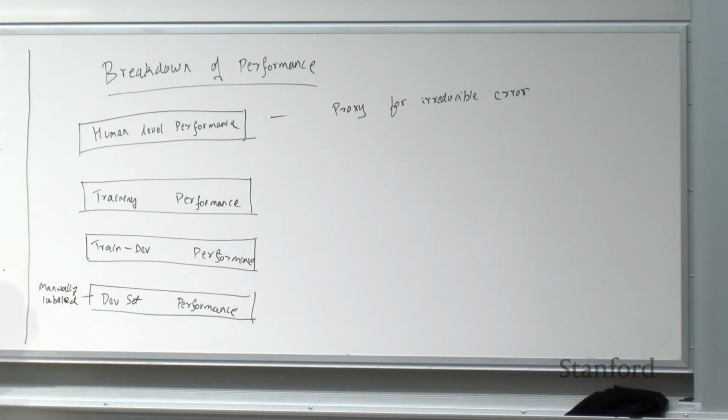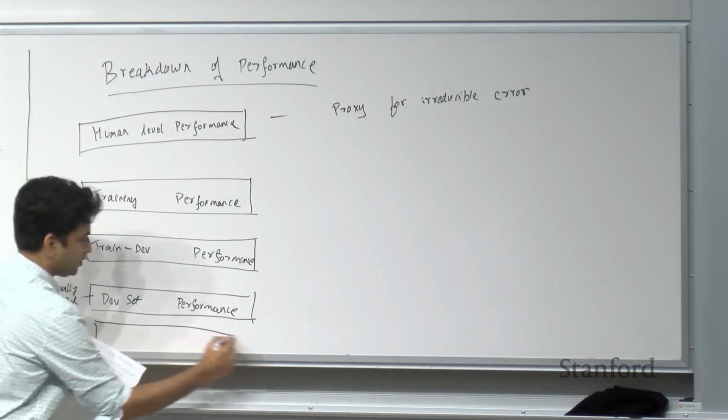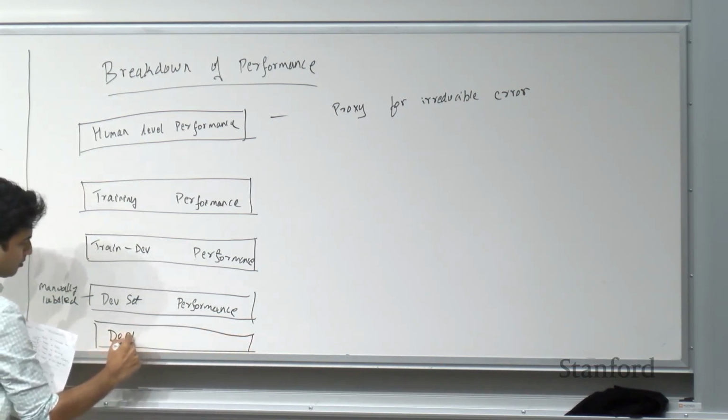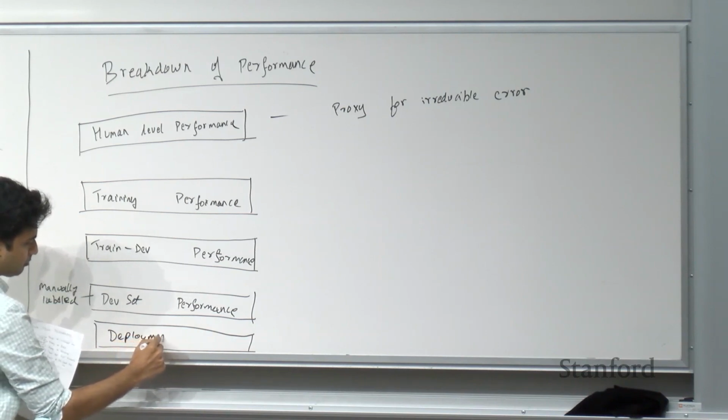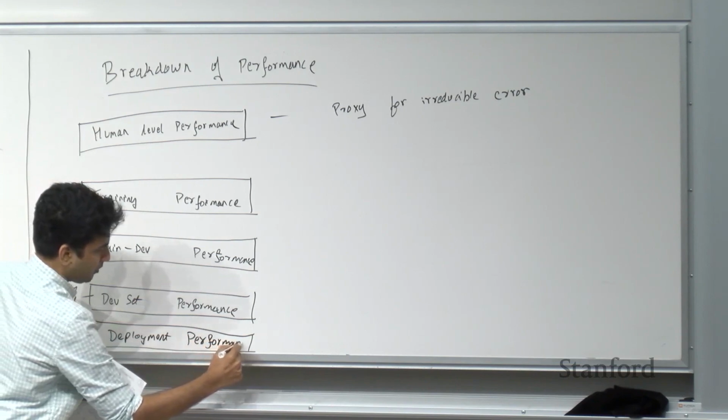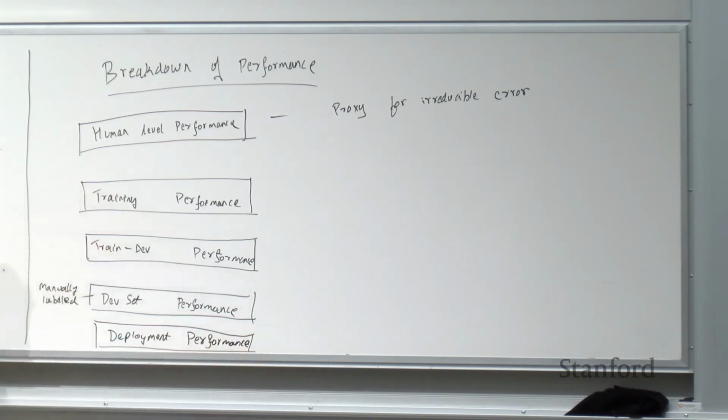Okay. And finally, we can talk about the deployment performance. By deployment performance, what I mean is when you actually deploy the model into production and real users start using your model, what's the level of performance in the real world, right?